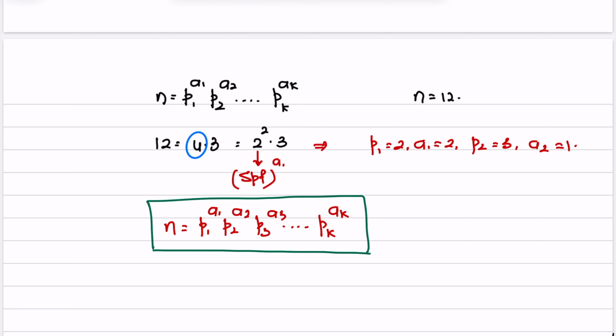That means the perfect square D can be written as a divisor. From the definition of the problem, we can write it as P1 to the power of B1, P2 to the power of B2 up to Pk to the power of Bk. Are you able to understand? All the divisors are not perfect squares.